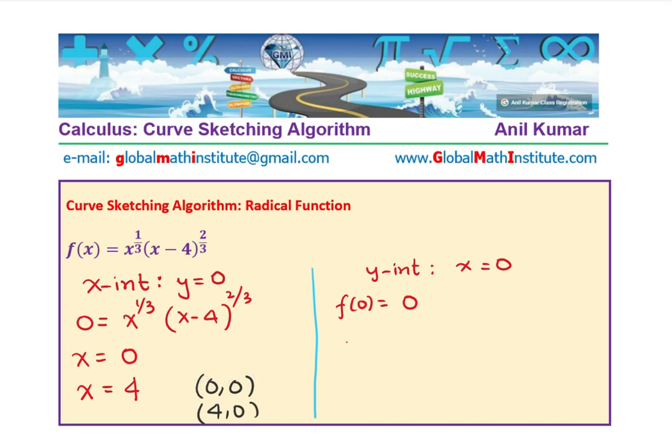That means that the graph passes through the origin. Well, in this case, both x and y intercepts we had already got, but it's an algorithm, right? You have to follow some steps. So it's a very critical step. So we have figured out the x-intercepts and the y-intercept and two critical points on the graph.